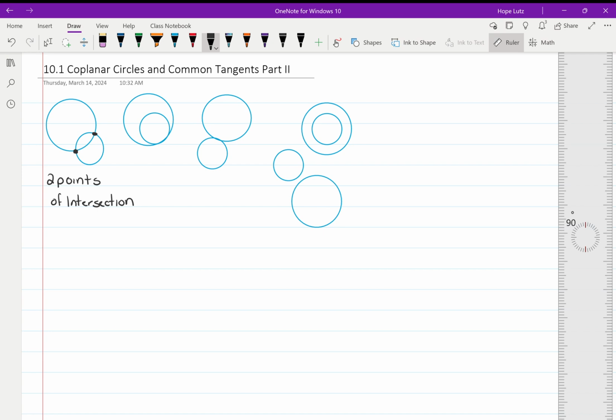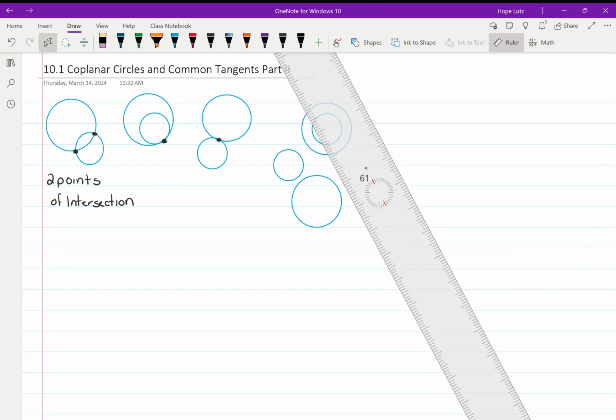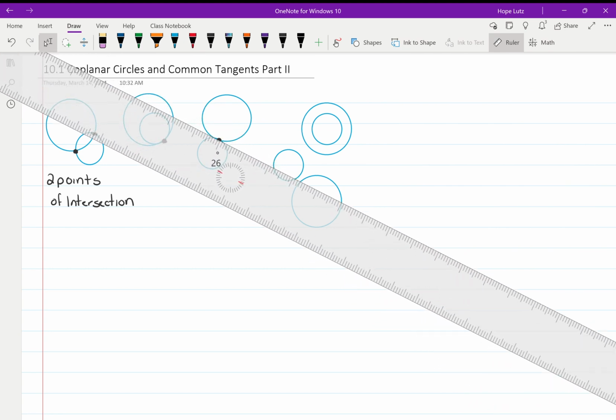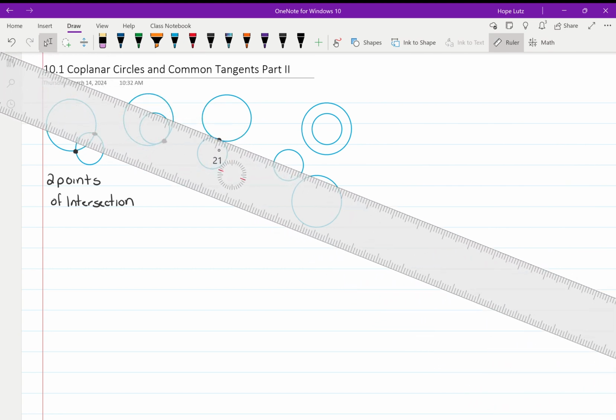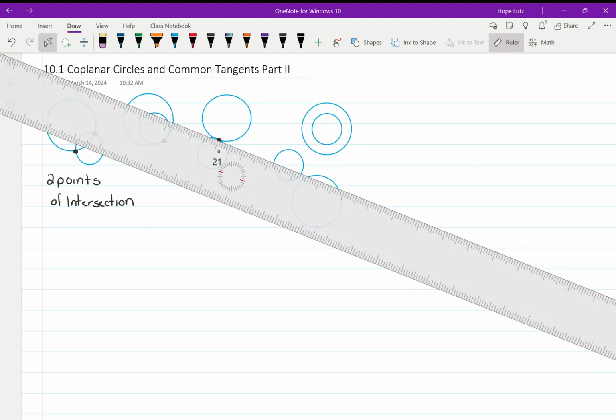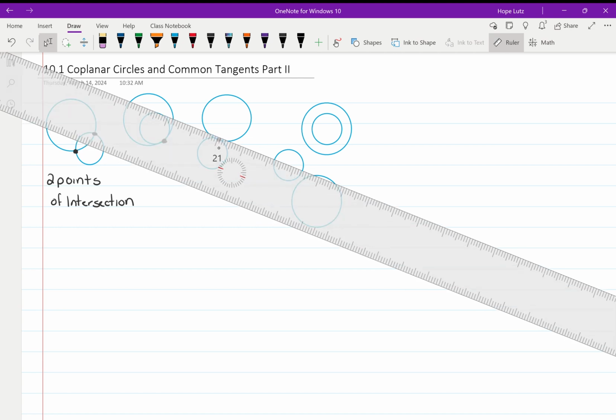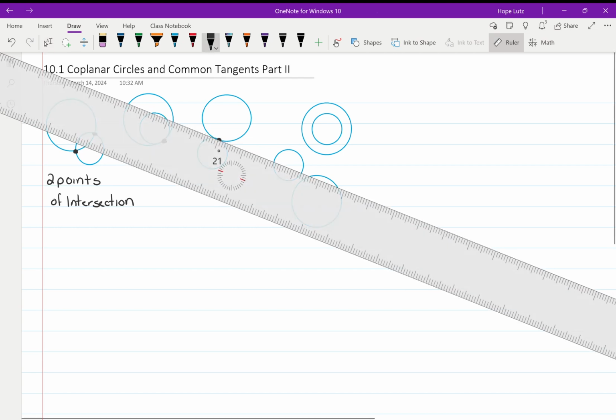The second two circles that we have, we notice that it is hitting once here and once here. And then if we draw a line through each one, it's only going to hit once if I draw that line at that point.